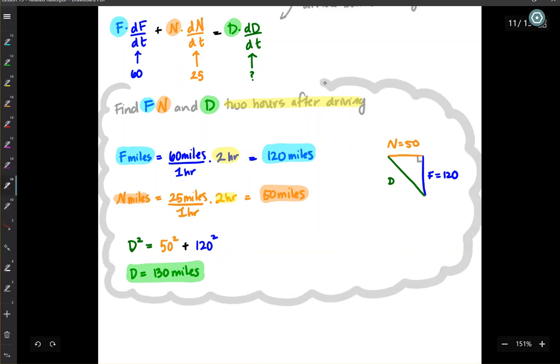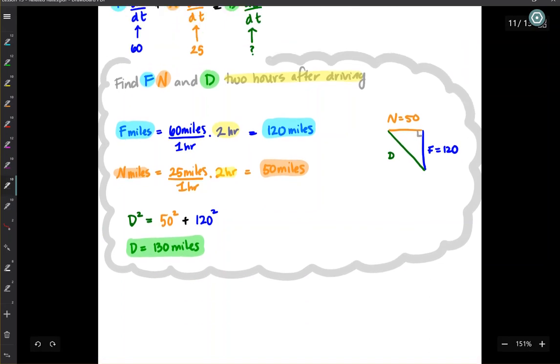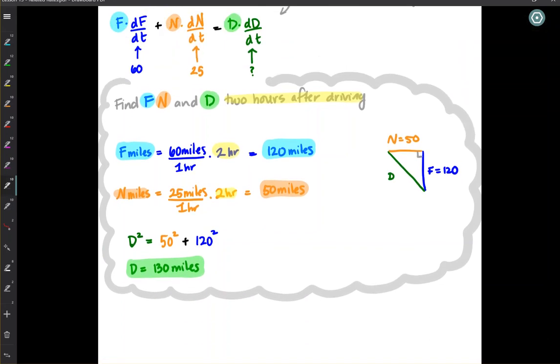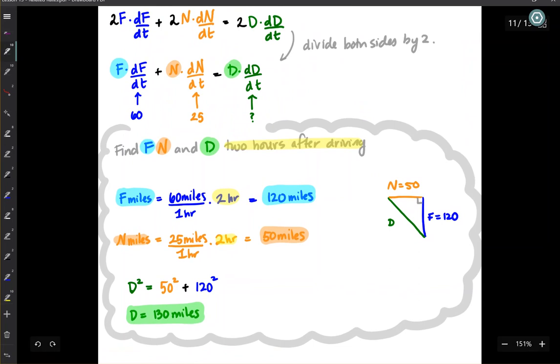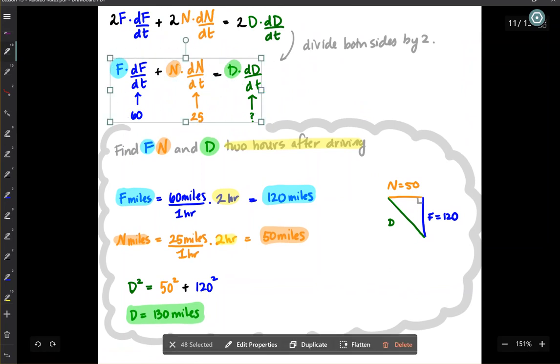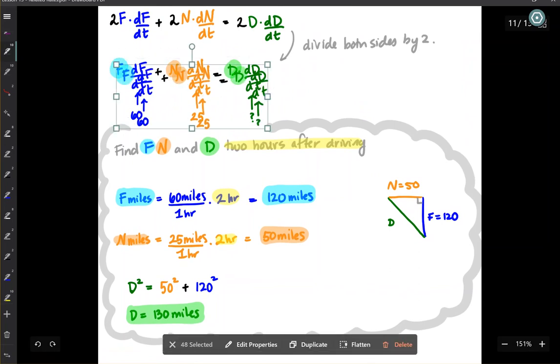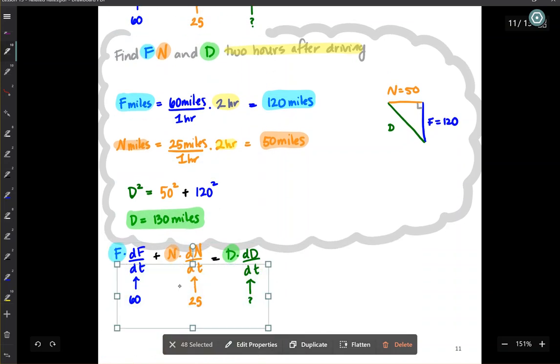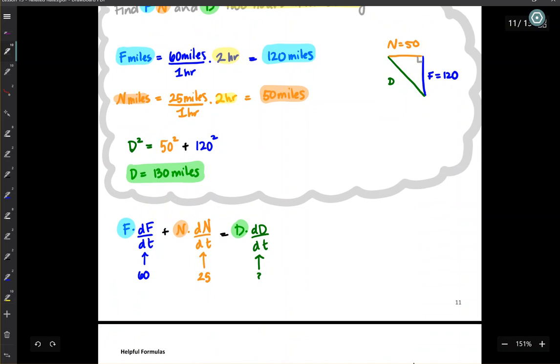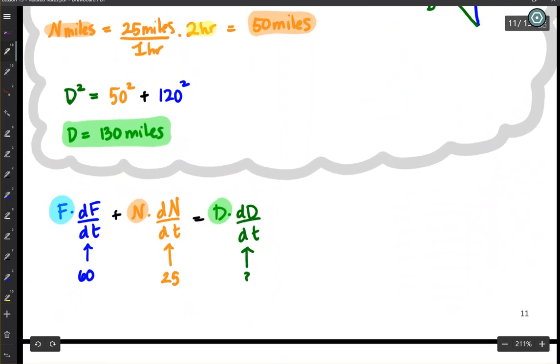There's our little bit of scratch work. Now let's go ahead and solve. So I'm going to take this equation right here. And we're ready to put in our known information.